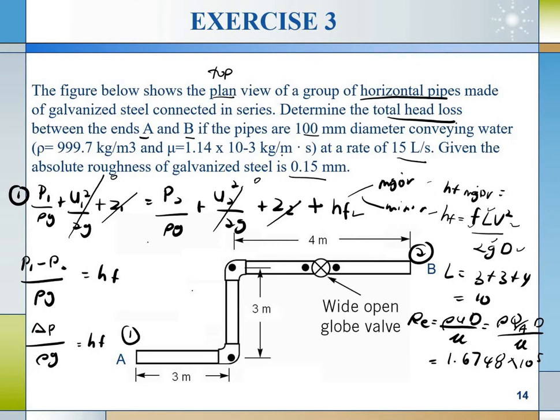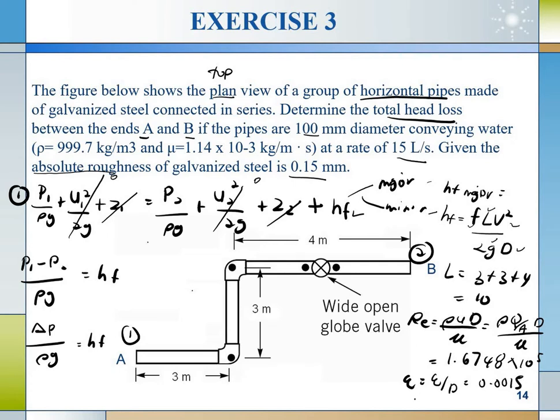So with the given absolute roughness in the question, remember in part 2 I mentioned that to determine the friction factor for the turbulent flow, we need to have a relative roughness. So from this absolute roughness, we need to calculate relative roughness by dividing the absolute roughness with the diameter. You will have 0.005.